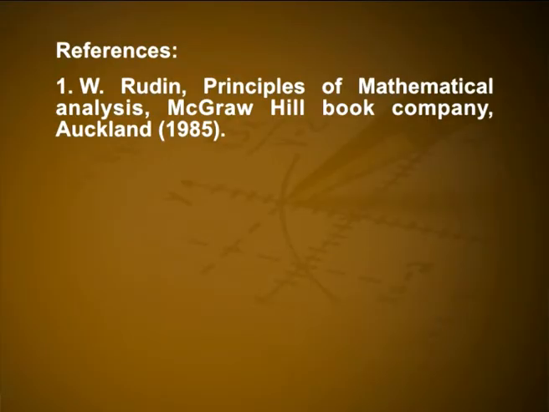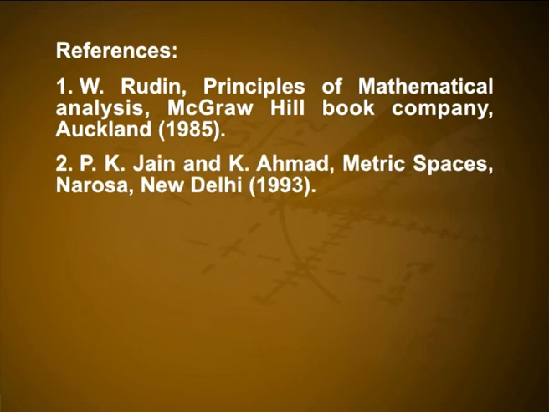Now you can go through the following books for your further study. First one, Principles of Mathematical Analysis by Walter Rudin, McGraw-Hill Book Company, Auckland, 1985. Second, Metric Spaces by P.K. Jain and K. Ahmed, Narosa Publishers, New Delhi, 1993.